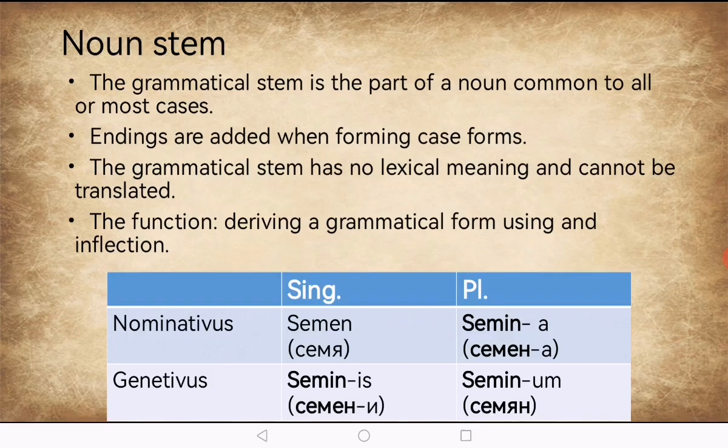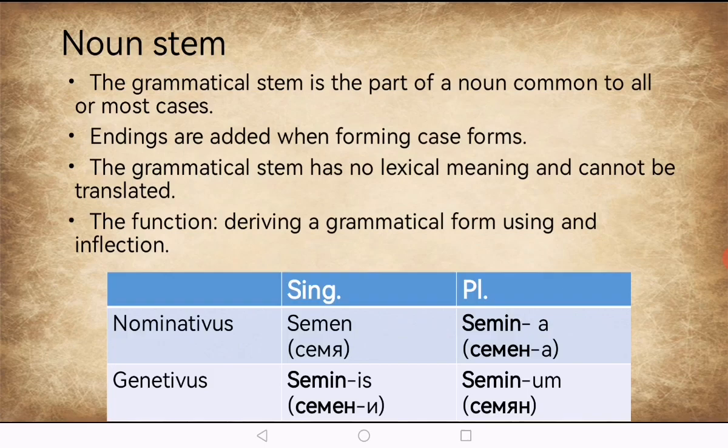Okay? For example, nominativus singularis, semen, the grain. Genitivus singularis, seminis, the ending is is, the stem is semin, and we will add the ending to that stem.